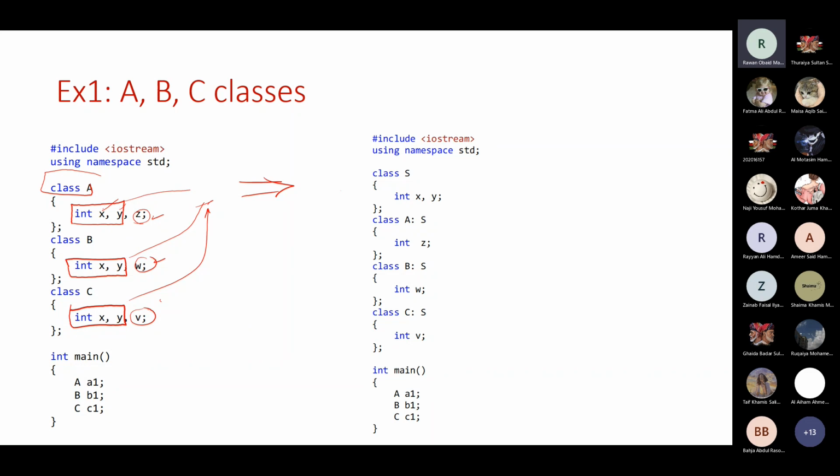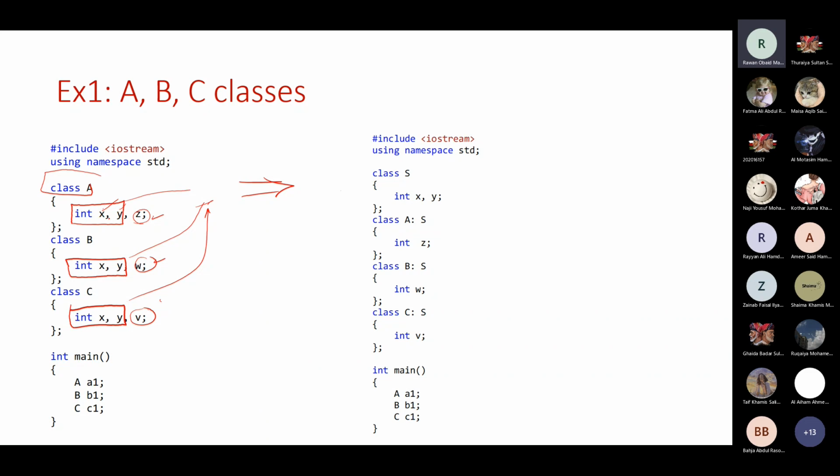My advice is whenever you have attributes or methods that are in common between classes, it's highly recommended to put them in one class and inherit them in other classes.